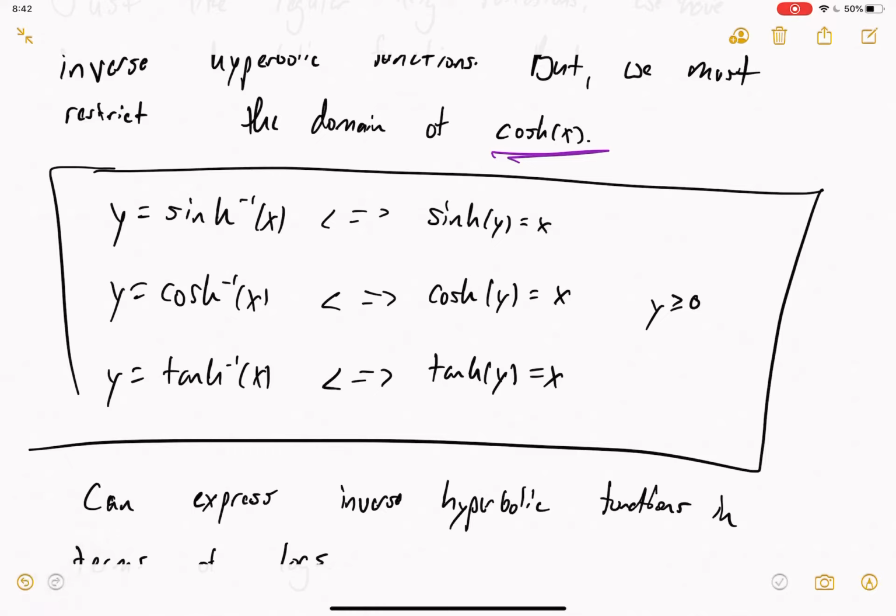And same thing with hyperbolic tangent. Those are basically just definitions that arise from being inverses. And again, y greater than or equal to 0 is going to be our restriction, otherwise these things aren't always defined properly.